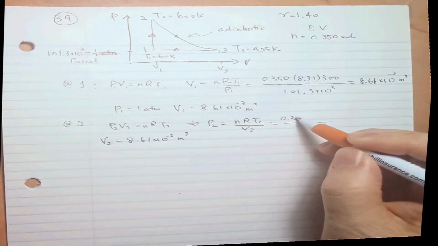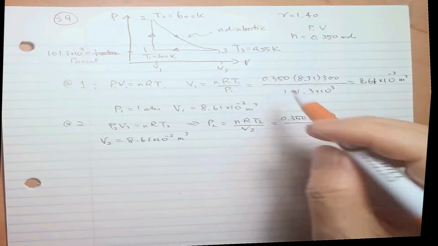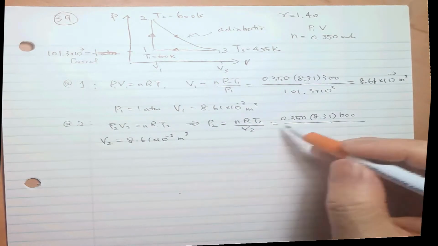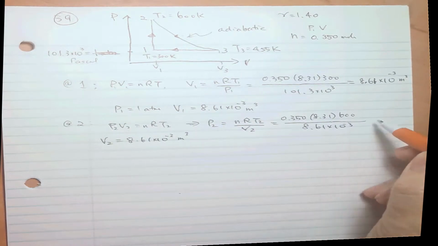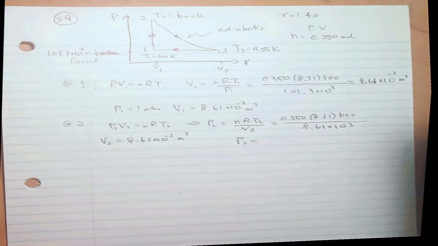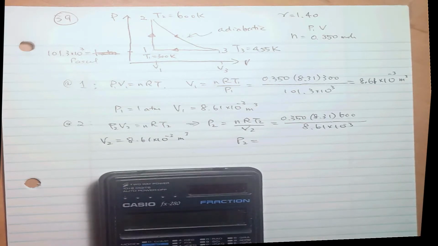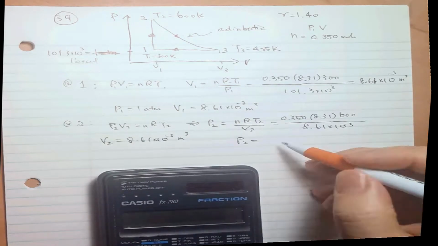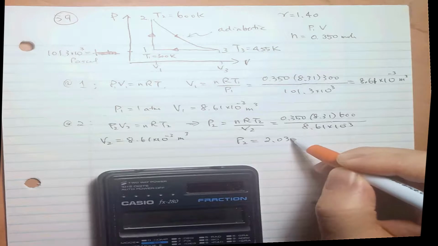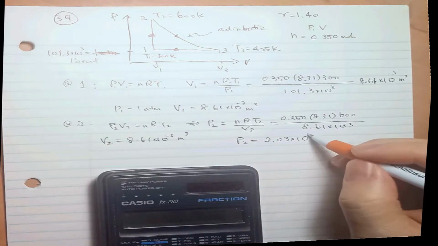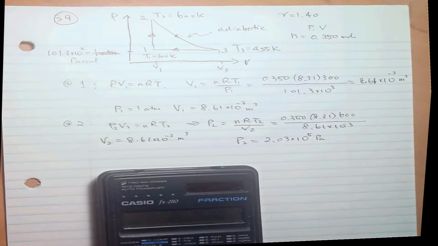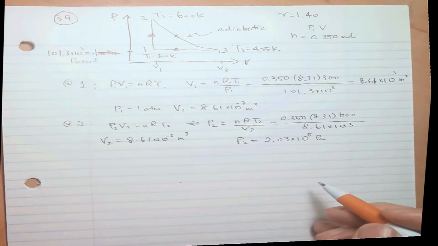So 0.350, 8.31, T2 is 600 K, divided by V2, 8.61 times 10 to the negative 3. So I get a pressure P2 as 2.03 times 10 to the 5 Pascal.